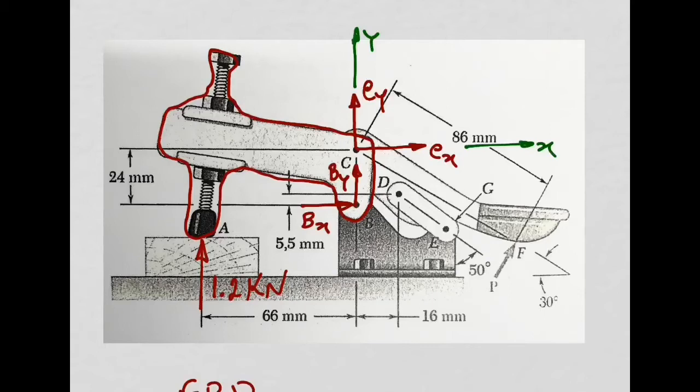Which distance do I need? Well, 24 millimeters, that's right. Basically, when you start from point B, I need to get this distance in the perpendicular direction to the force Cx, yeah? So this distance is 24 millimeters, okay? Everybody got that or not?